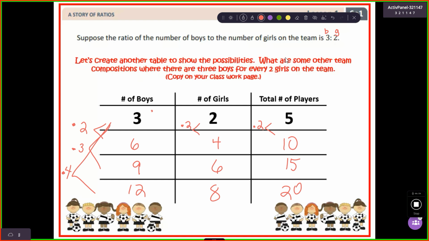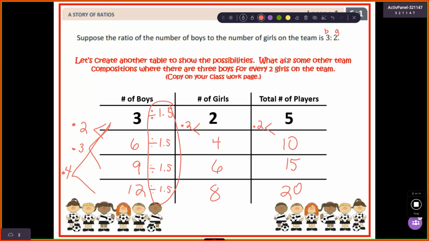They're dividing by what? 1.5. That's the relationship. Do it to 6. What's 6 divided by 1.5? 4. What's 9 divided by 1.5? 6. What's 12 divided by 1.5? 8. So what's that relationship they're constantly doing from boys to girls? Dividing by 1.5.